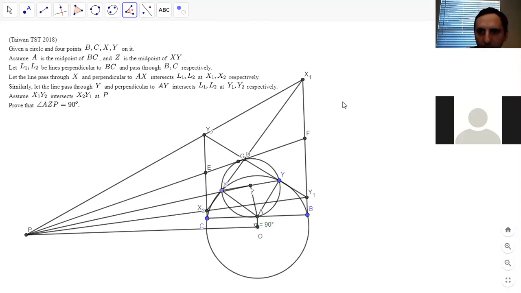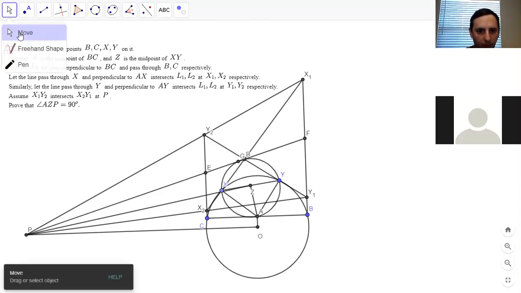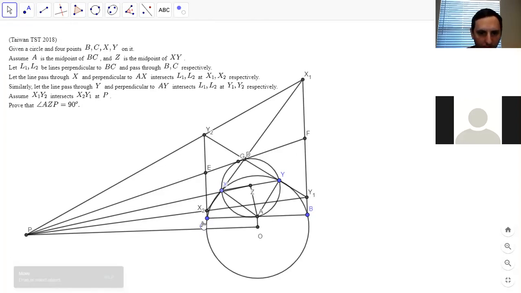Yeah, that's definitely 90 degrees. I don't know why though, but it's an interesting fact. So we want to show OP is parallel to BC.